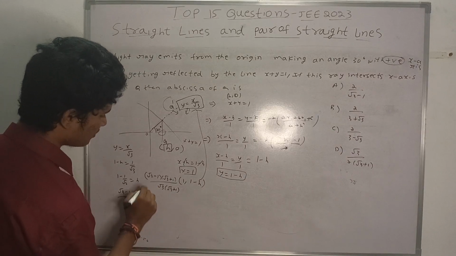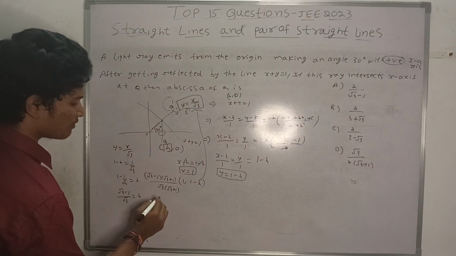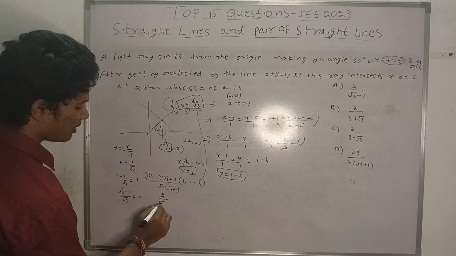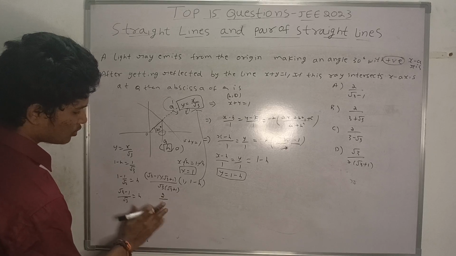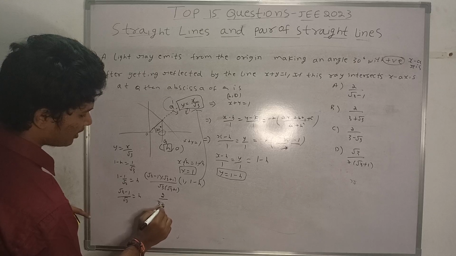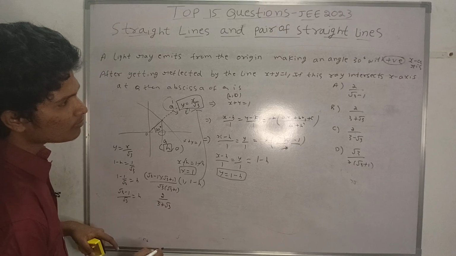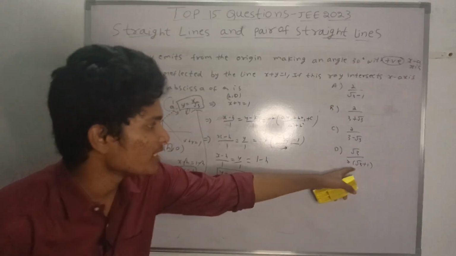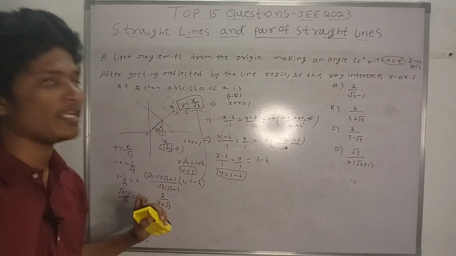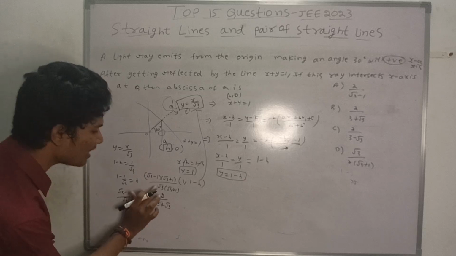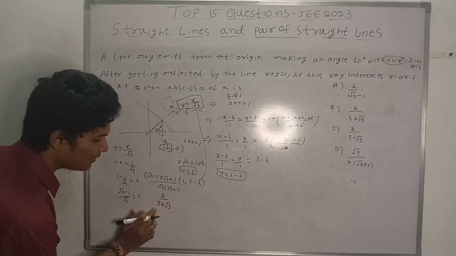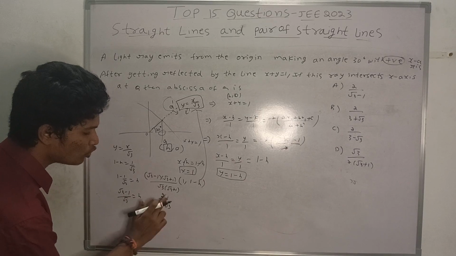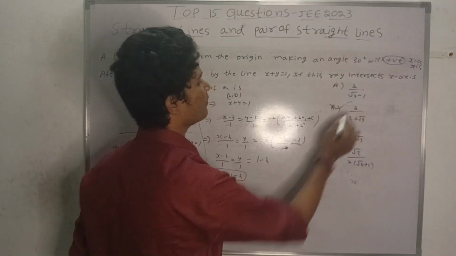Simply now root 3 whole square, that is 3, 3 minus 1, that is 2 here, divided by root 3 into root 3 plus 1. Yes, the option is there. We have to multiply this. I am checking this option. It is 2, but it is root 3, so I am checking like this. So simply multiply this. Root 3 into root 3, that is 3, and root 3 into 1, that is root 3. 2 by root 3 plus root 3. So option is B.